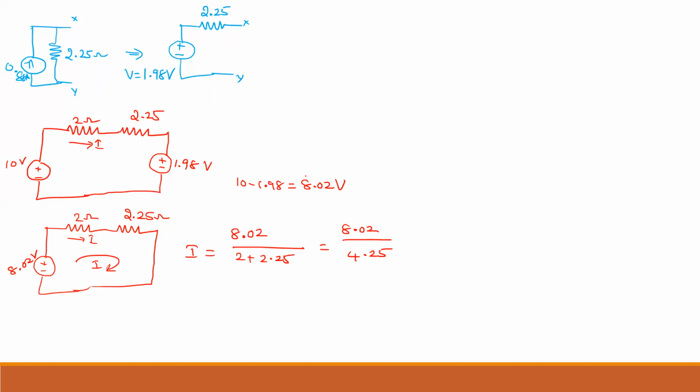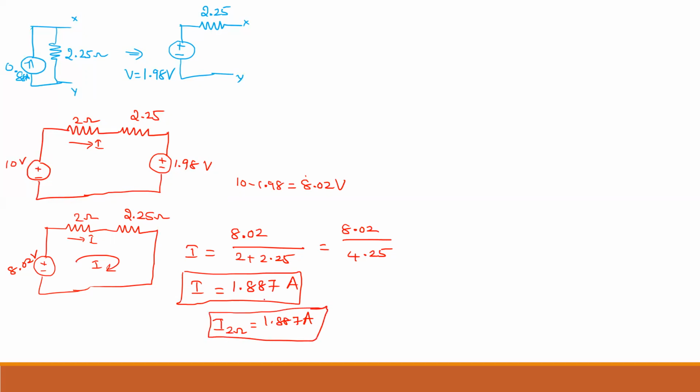You will get current I equal to 1.887 amperes. So you can write one more step here: the current in the 2 ohm resistance is 1.887 amperes. You can put a box for this. So this is how we can apply the source transformation method.